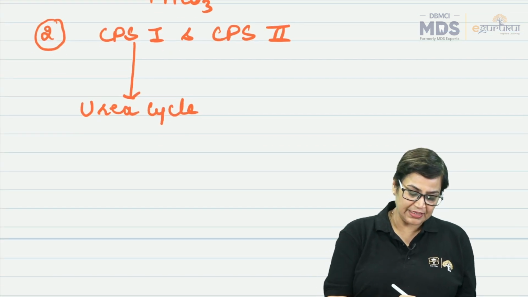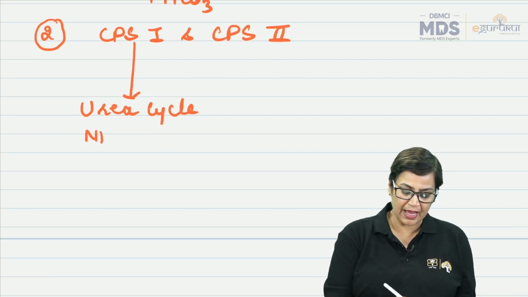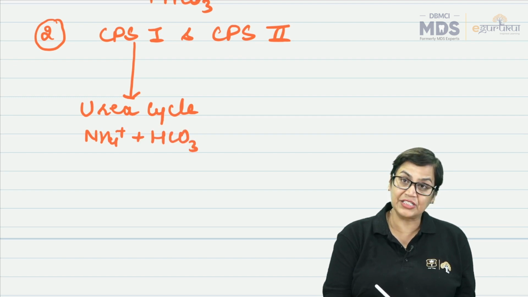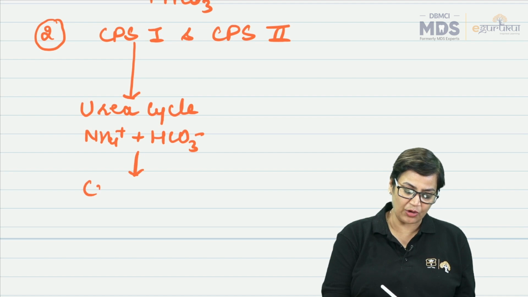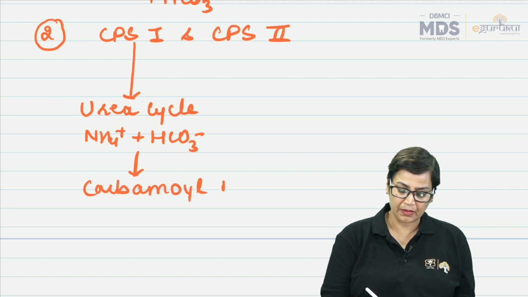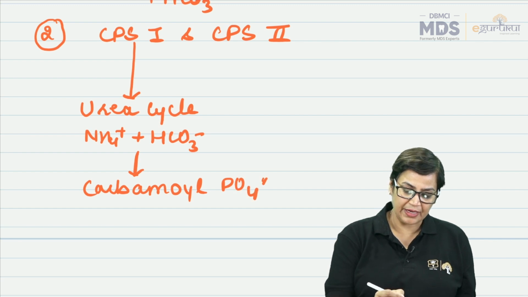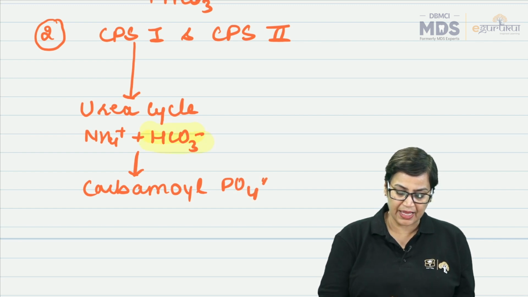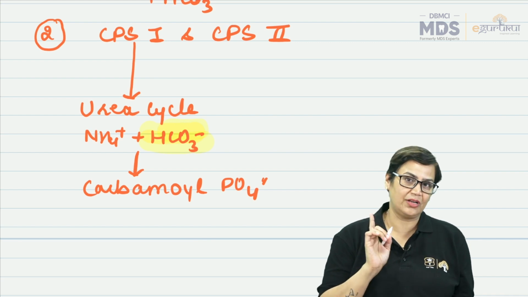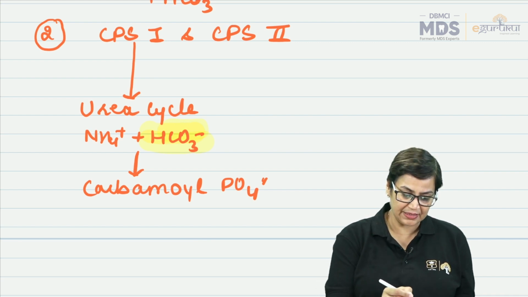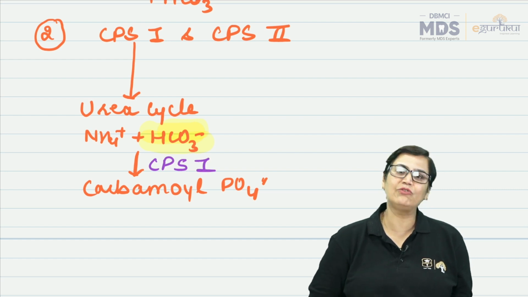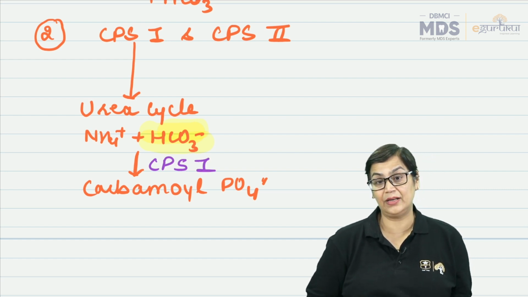Here what happens is, here ammonium ions plus bicarbonate, you see carboxylation is there, forming carbamoyl phosphate. Right? But ये जो bicarbonate है, biotin is not required. Here the enzyme is CPS1, carbamoyl phosphate synthetase 1.